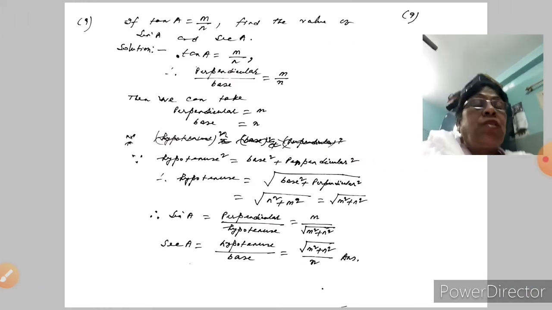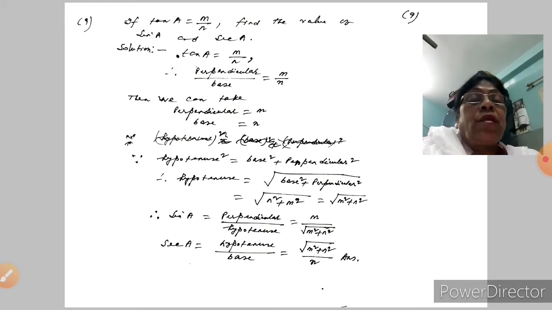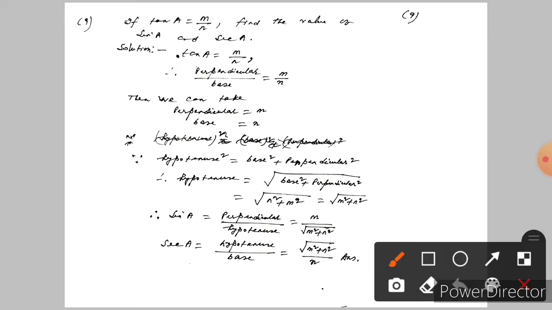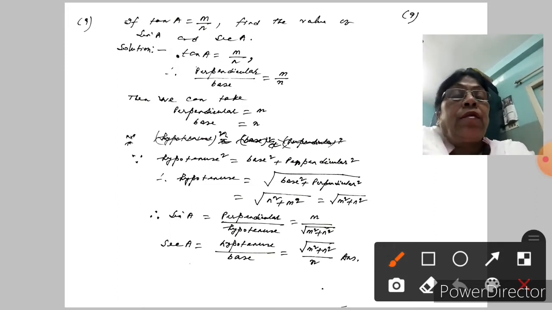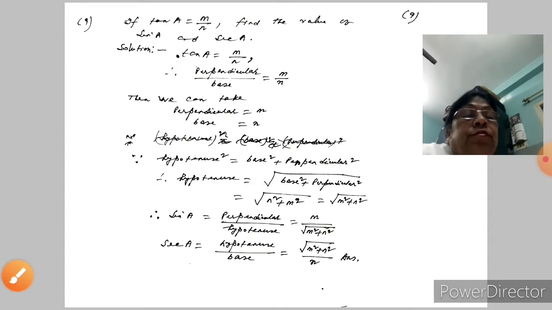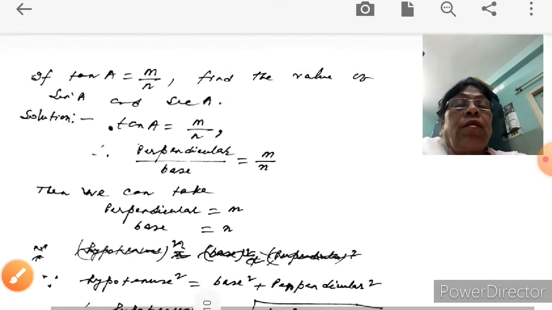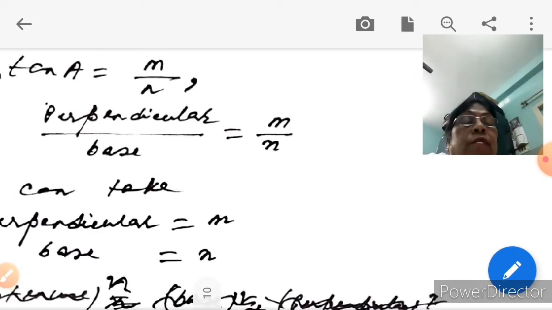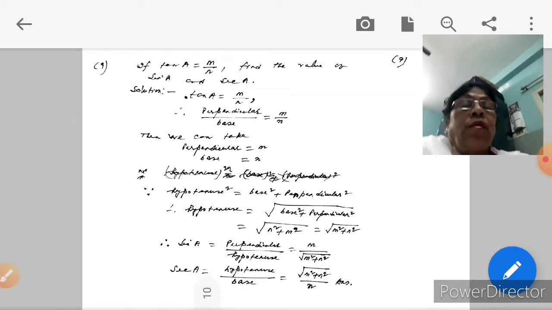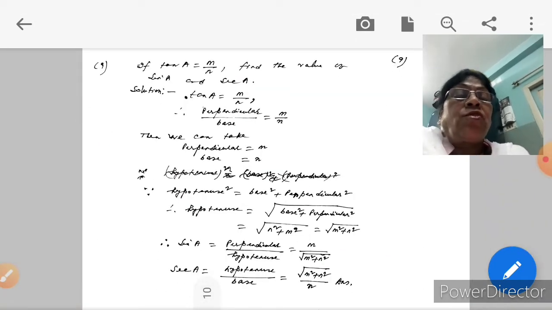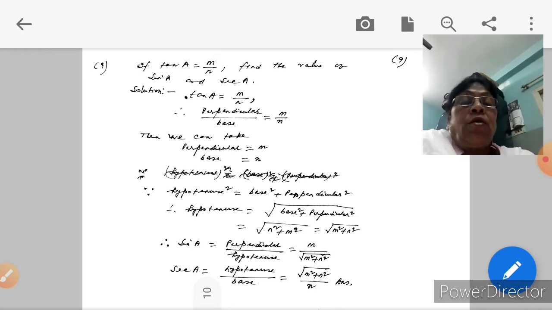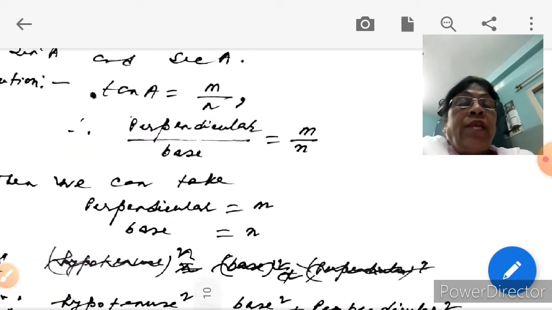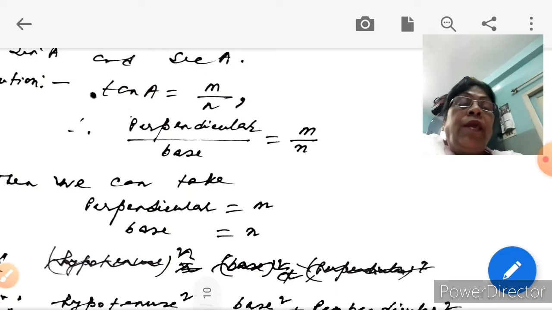Now come to question number 9. If tan A is equal to m by n, find the value of sin A and sec A. So, tan A is equal to m by n, that means perpendicular by base is equal to m by n.